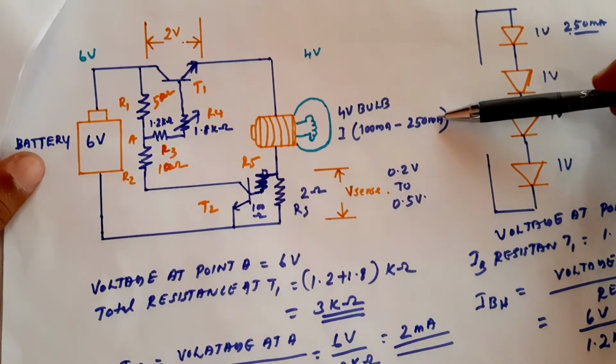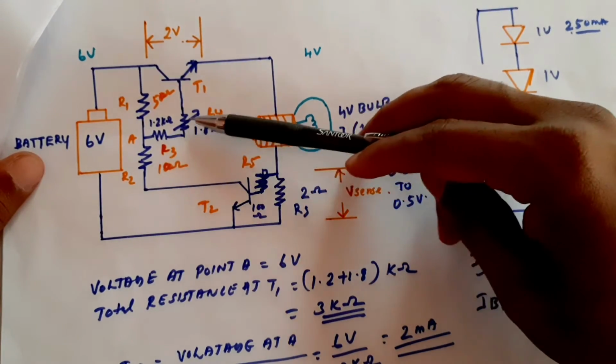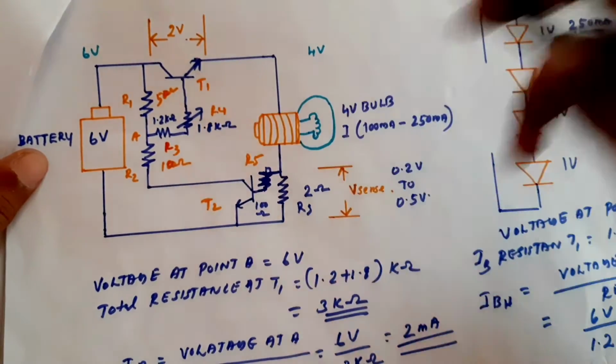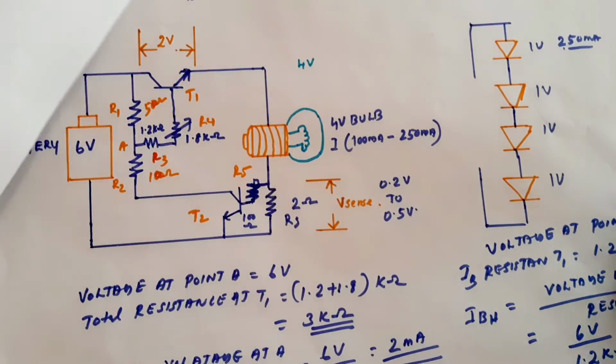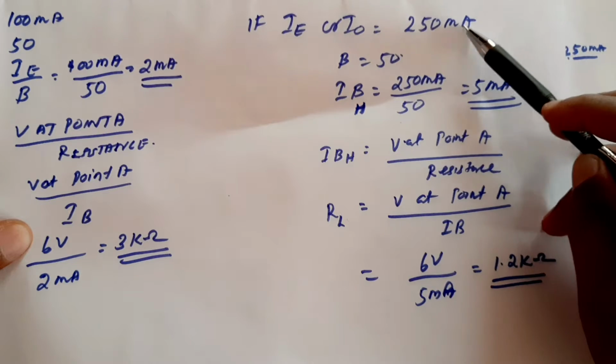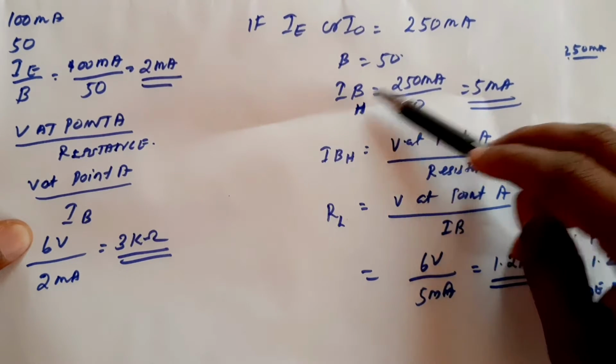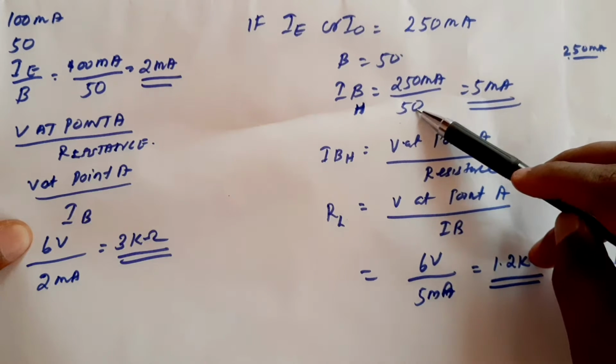Now if we want 250 milliamperes of current, we have to reduce the resistance, then more current will be available. How do we do that? In order to get 250 milliamperes at the output, with the beta of the transistor being 50, the base current is 250 divided by 50 milliamperes.